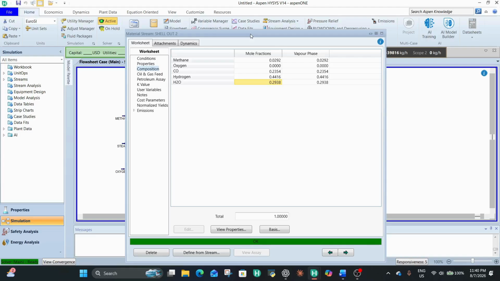Water gas shift reaction. Now, this is a reaction that uses, after an SMR, we're certainly left with unreacted water. In our case, you could see 29% unreacted water, and carbon monoxide 23%. What the water gas shift reaction does is combine carbon monoxide and water together to produce carbon dioxide and more hydrogen gas.